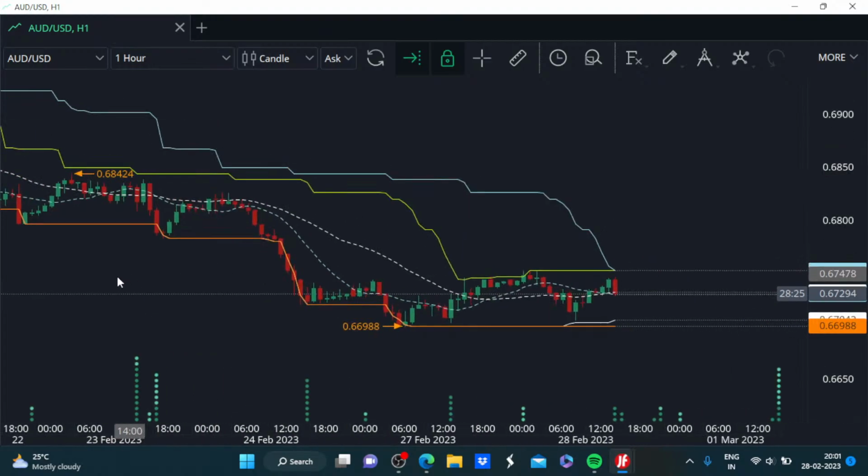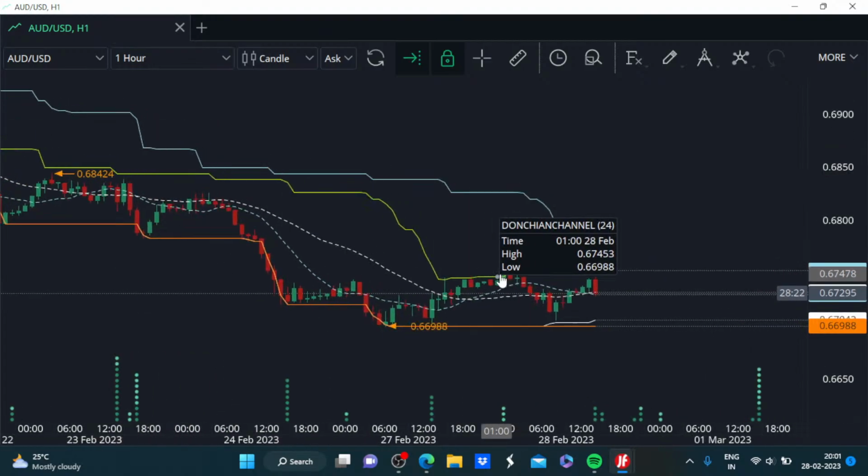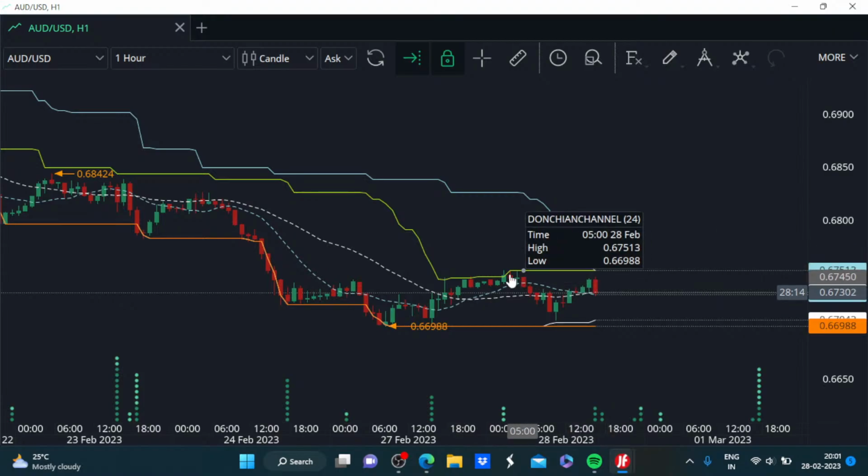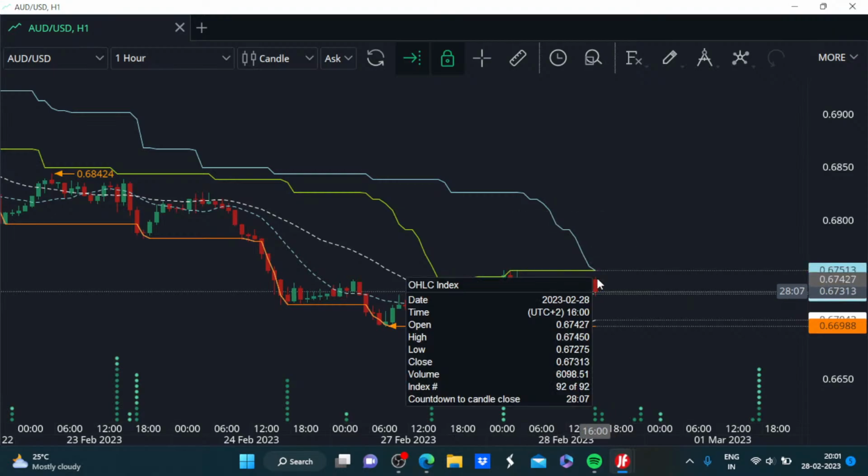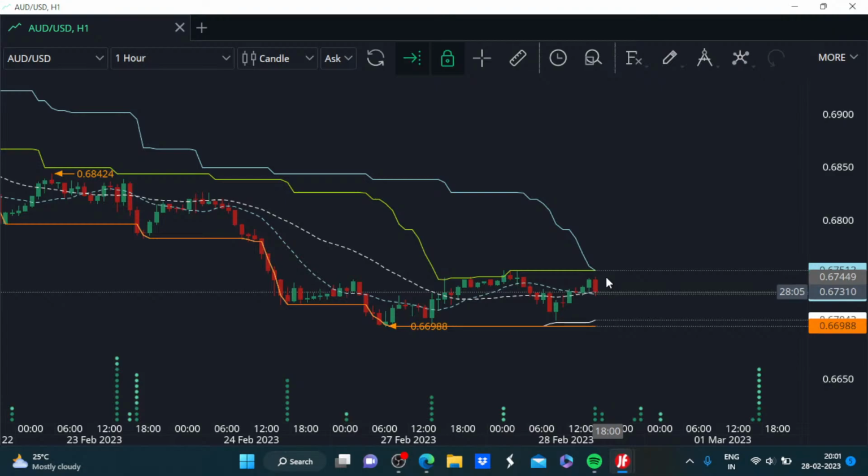So here for the AUD, we have seen the AUD struggling closer to the 0.6750 range, and even in today's session it hasn't been able to climb past the prior swing high formed in yesterday's session, and we are seeing a large declining body, a large red candle forming on the chart.